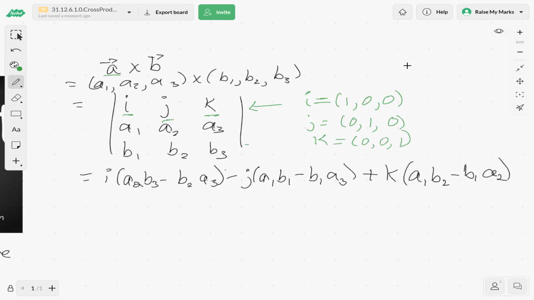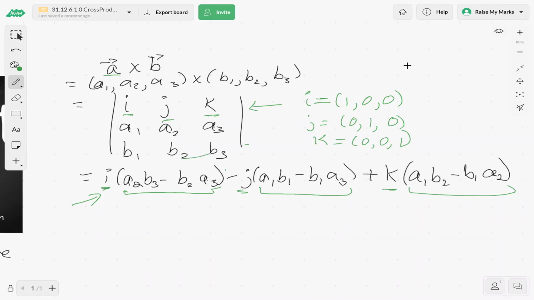Once we have this box, this is what our cross product looks like in the end. It's a vector determined by the i, j, and k, and the coordinates of the final vector are given by these values here. We can determine them from our box.